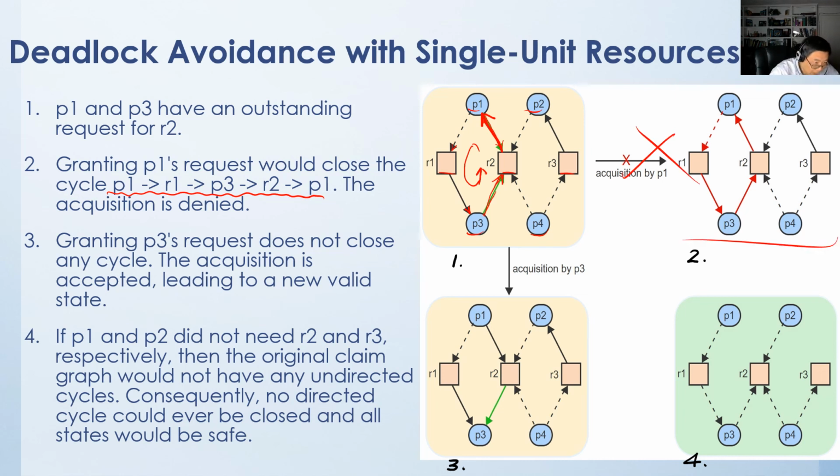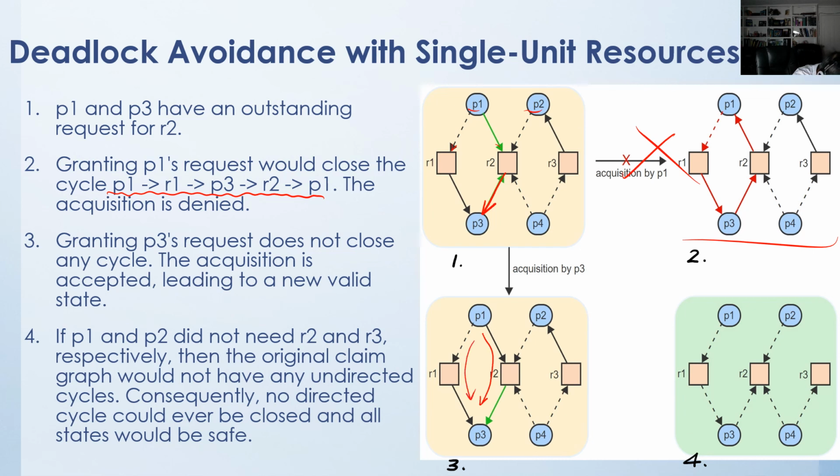So let's take a look at another case. Now let's remove this. Suppose P3's acquisition for R2 is granted. So now we have this. You have going from here to here, P1 also going from here to here.